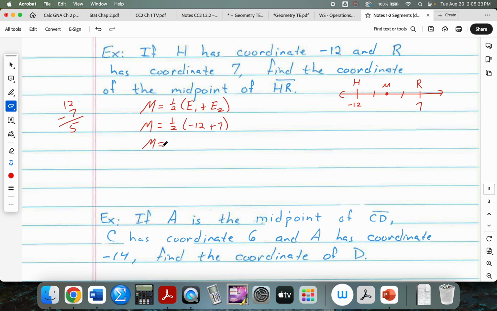And what's the sign going to be? Is it going to be positive or negative? Negative. There's more negative than there is positive. And half of -5 is -2.5. This is the most straightforward way this problem can be. It won't always be this way, but this is the most straightforward that it can be.